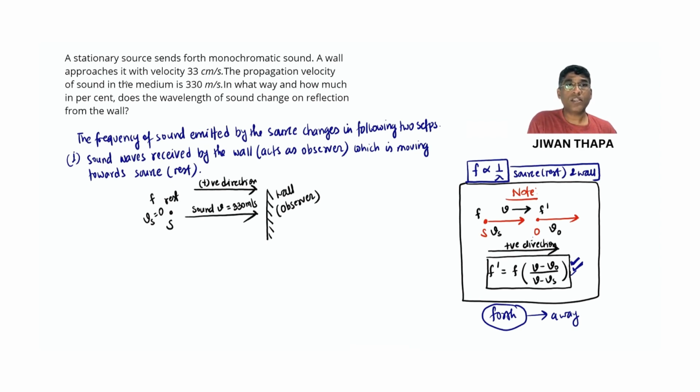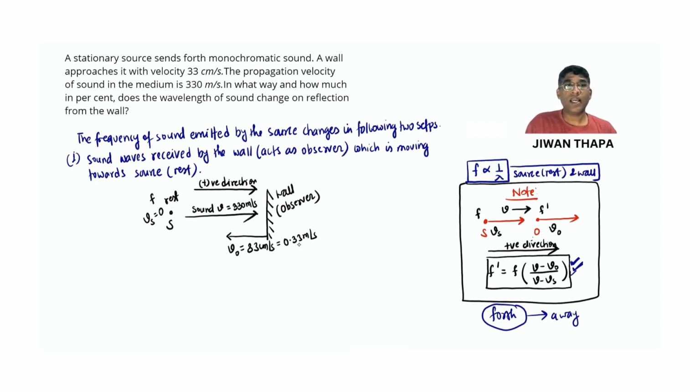And the wall is approaching with velocity 33 centimeter per second. So we have velocity of observer, that is wall, V naught equals 33 centimeter per second, which in SI system is 0.33 meter per second.